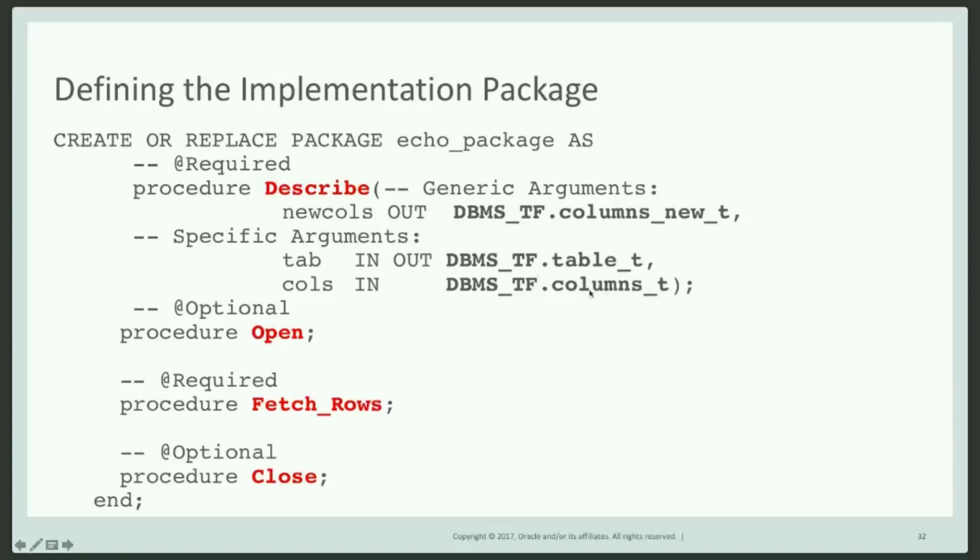So I'm going to get the column types that are going to be provided at runtime. So this DBMS_TF package effectively allows us to accept any input as a table, any columns as the inputs to the processing, and then in this case output replications of the columns to create new columns.